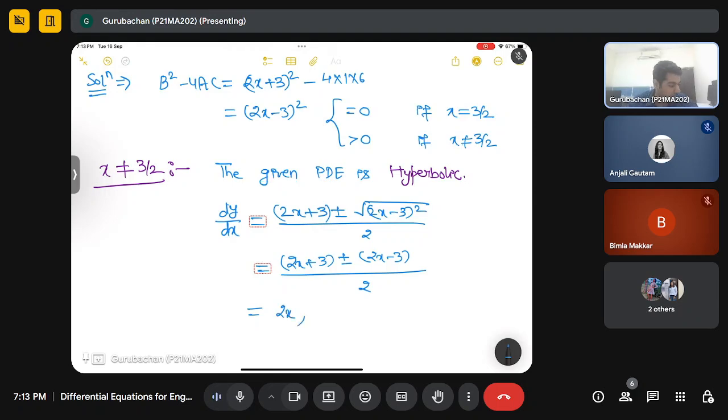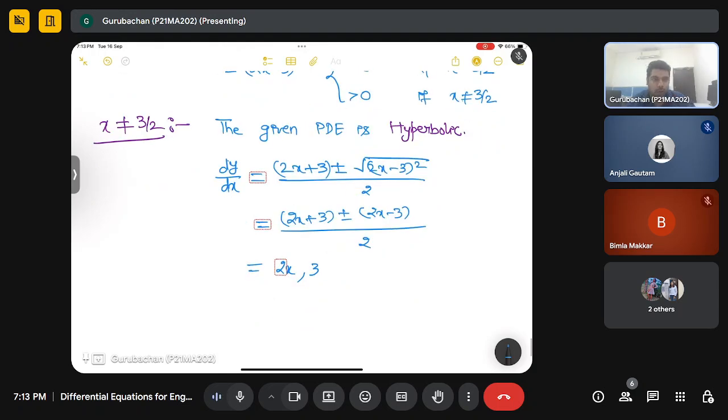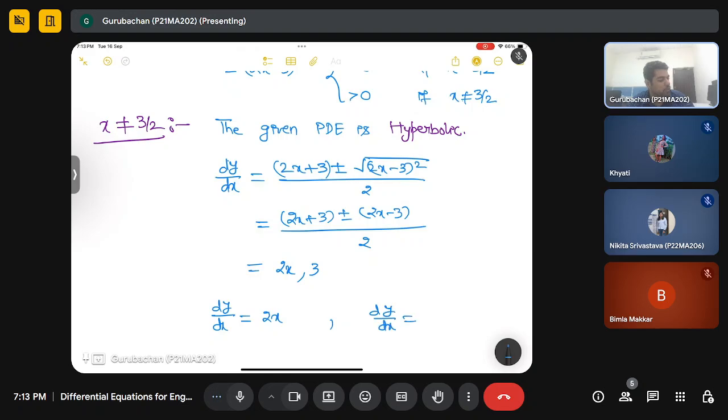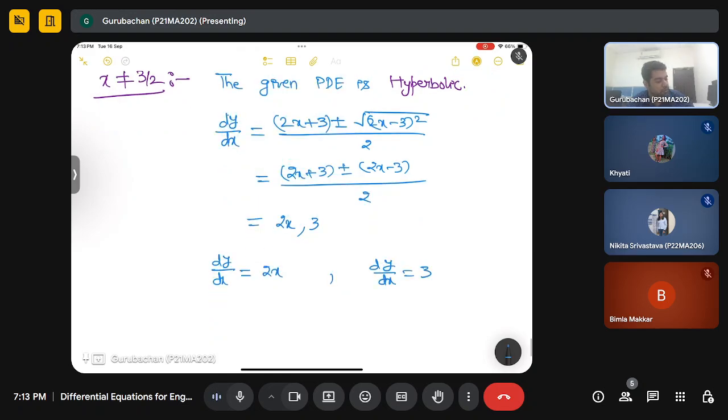When we subtract them, 3 and 3 will be 6, and then 3. Since there are two characteristic equations, we'll get two characteristic curves. So dy by dx will be 2x and dy by dx will be 3. If you solve this, you will get y minus x square equal to some c1, and y minus 3x equal to some c2.